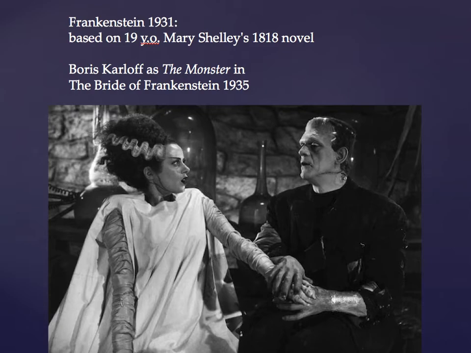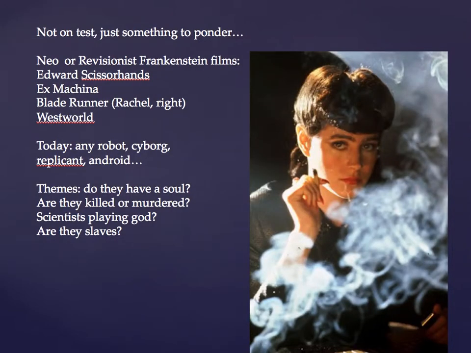And just some food for thought. Again, don't worry. I know students are always asking me, is this going to be on the test? And the answer is no, this is not going to be on the test. But I'd like you to ponder a little bit, creating life in a lab. And we still have something like that today, only most of the life people create in labs today would be artificial.